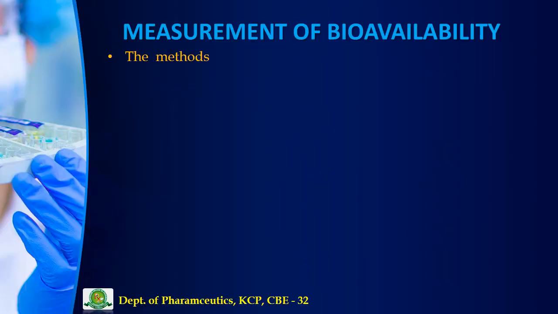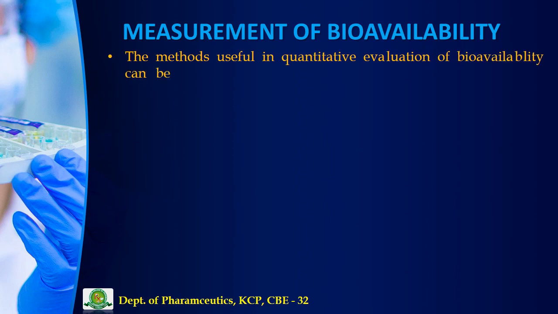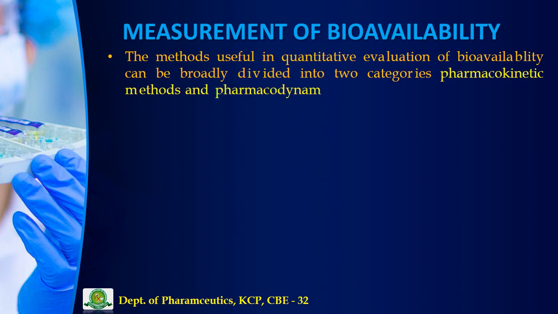In measurement of bioavailability, the methods useful in quantitative evaluation of bioavailability can be broadly divided into two categories. One is the pharmacokinetic method and the other is the pharmacodynamic method.